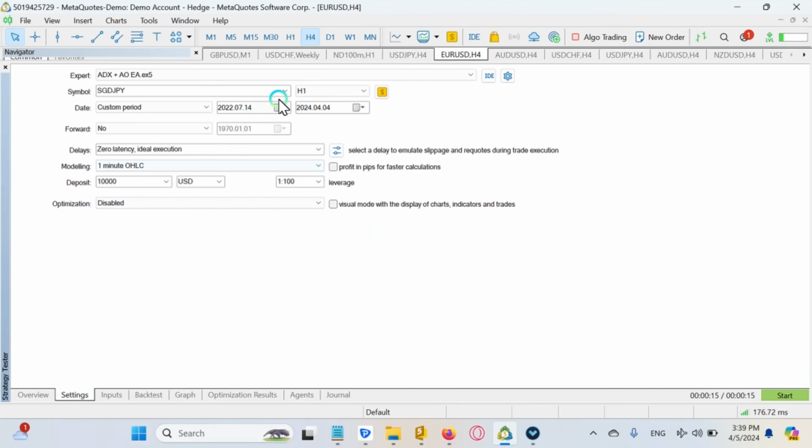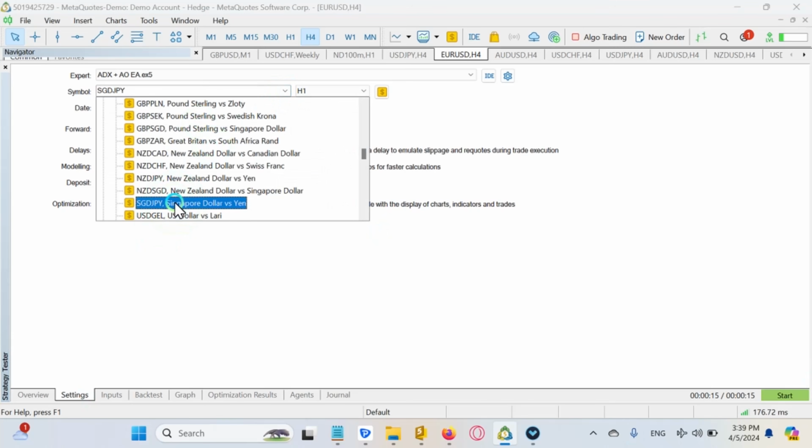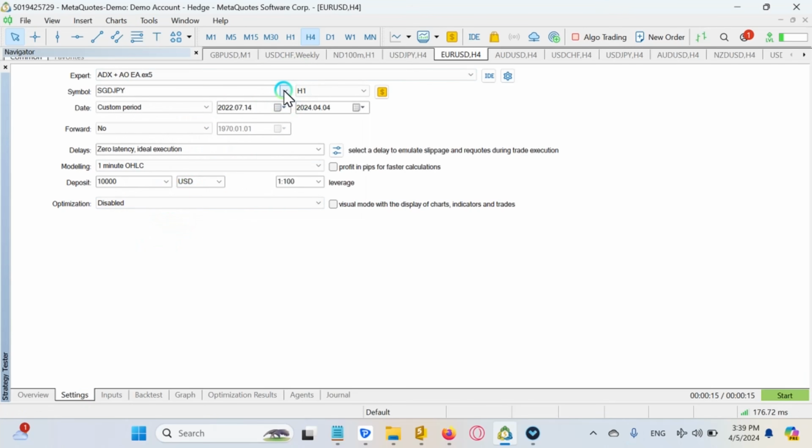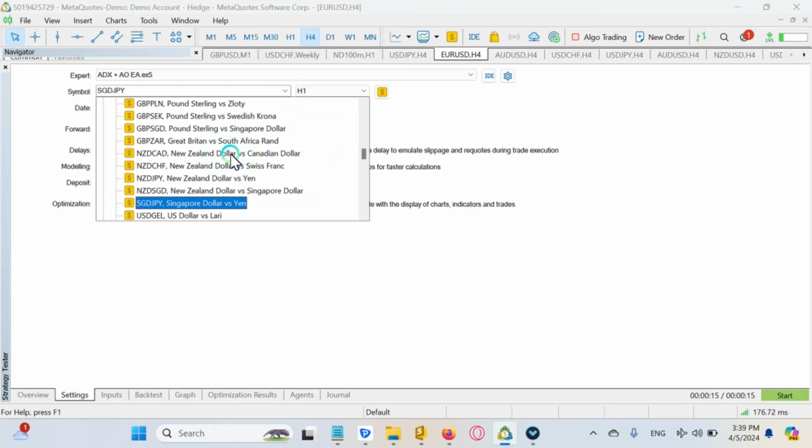So for example, with this it is not compatible, and I won't be making any set files for this. Even though I could optimize a good set file, I won't do this, because it is just too bad to begin with. But let's just try out one more.